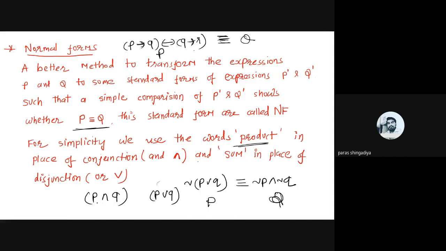So this is read as product of p and q, otherwise conjunction of p and q, otherwise p and q. And this is known as a sum of p and q, otherwise disjunction of p and q, otherwise simply p or q. But in this normal form theory, we use the words product and sum in place of conjunction and disjunction respectively.